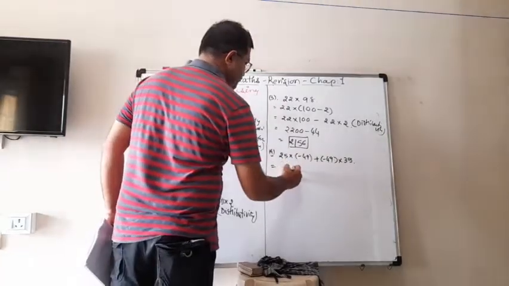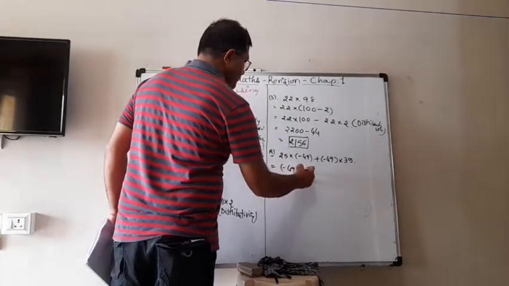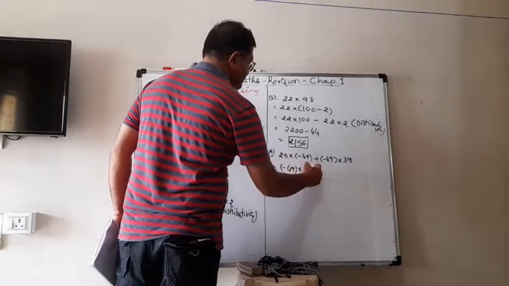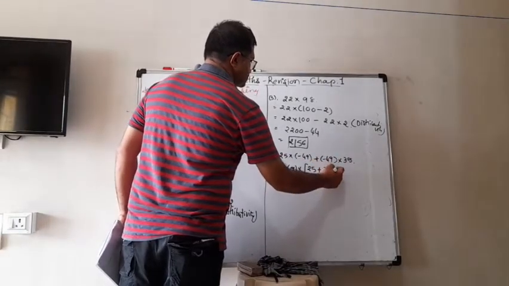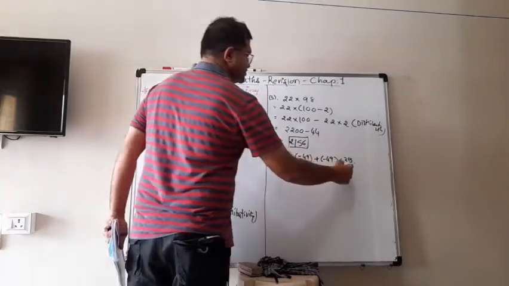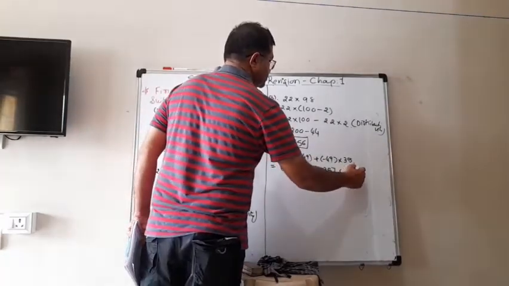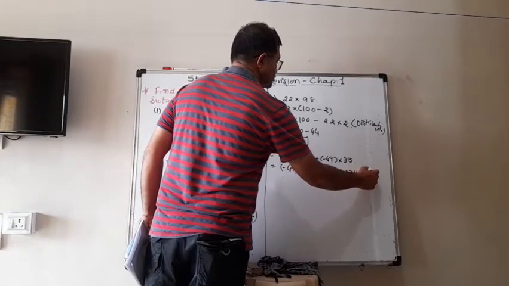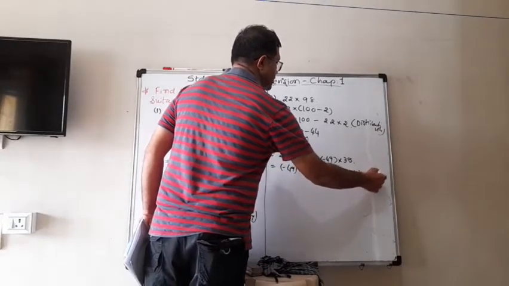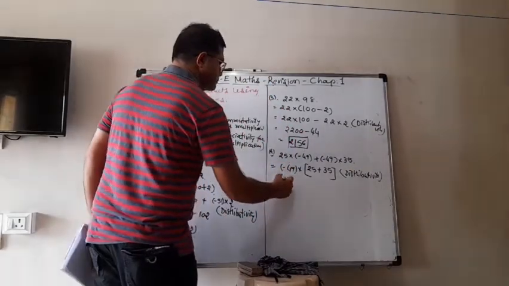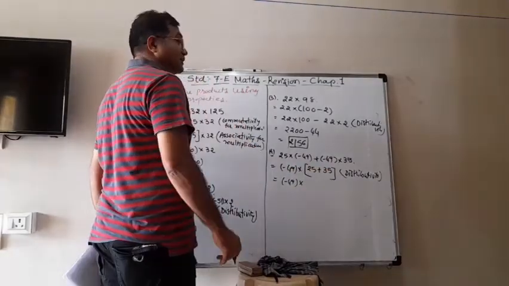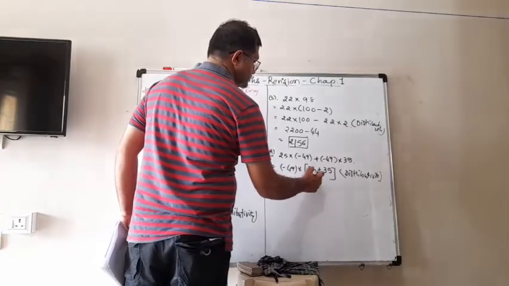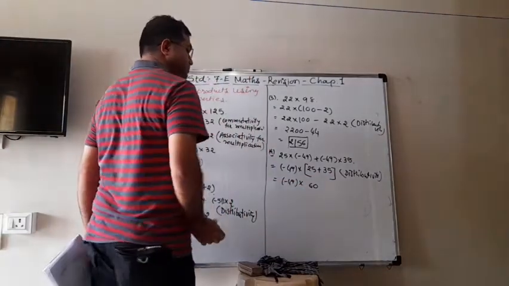So here minus 49 multiplied by, in the bracket there will be 25 plus 35. So here also it is the same distributivity we have to use. And then minus 49 multiplied by, now 25 plus 35, it is 60.